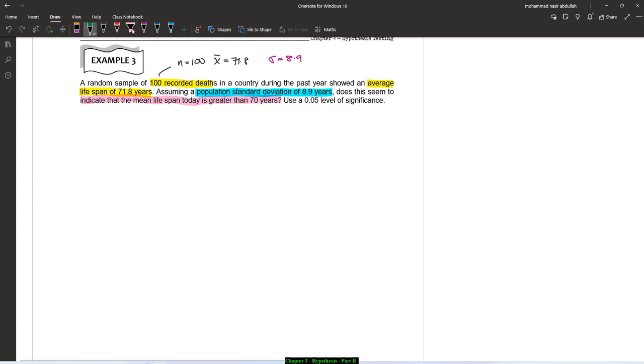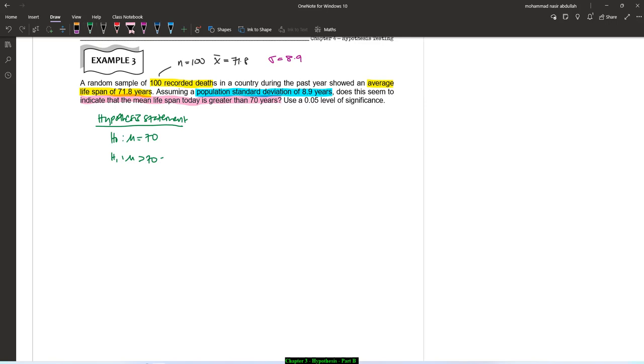So our hypothesis statement: the null hypothesis should be mu equal to 70 and the claim is mu is greater than 70.